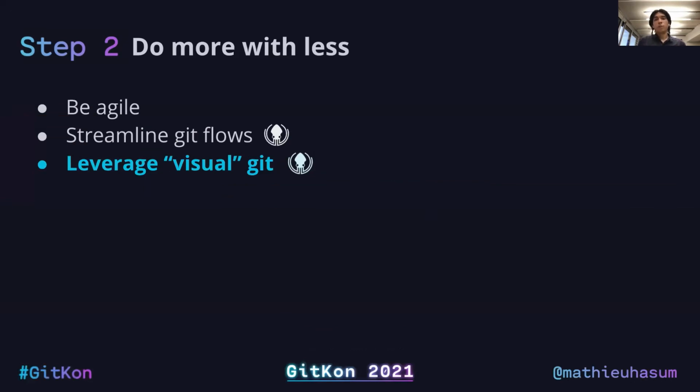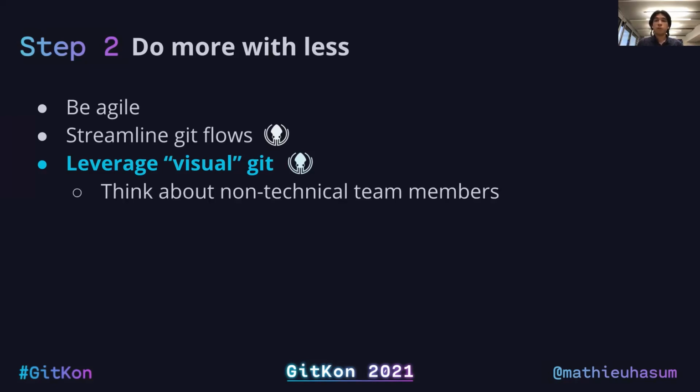If you're thinking at this point, maybe, I don't really need visual Git for these. Like, for example, the changelog, I can do this inside my CLI, and then I can just check out the commit. I have a changelog. I don't need visual Git. I don't need GitKraken for this. And I would say maybe, think about non-technical team members, because not everyone knows Git.